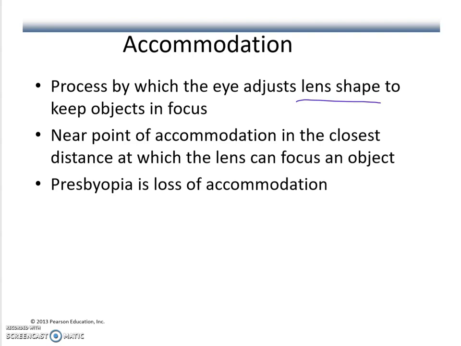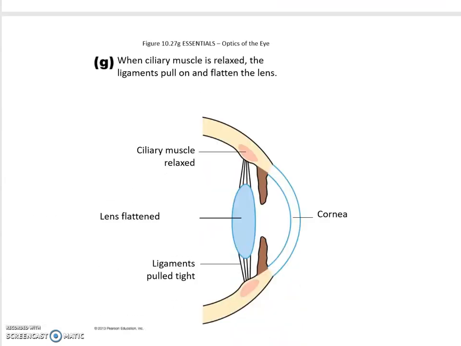Depending on how close the object is, you need to use your near point accommodation. When you get older, these muscles kind of get tired. These ligaments that you're using for accommodation of your lens get worn out, and then you're going to lose your near vision accommodation, and so you will have to use glasses eventually.